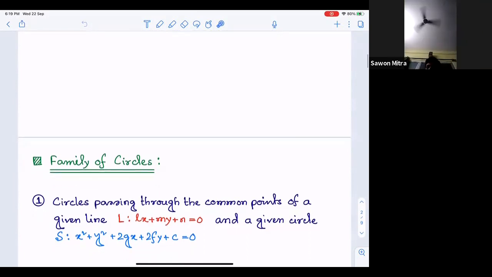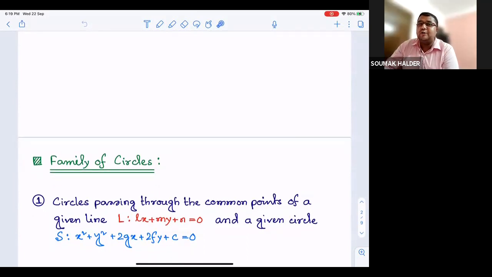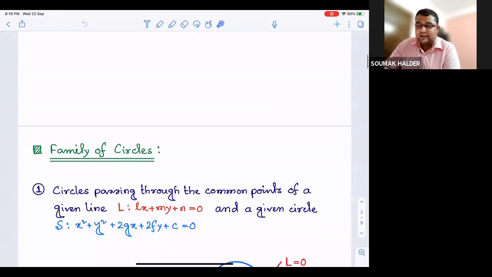So targeting the algebraic speciality, we are looking for a second degree polynomial equation where there will not be any xy term as per the requirement of a circle, and the coefficients of x square and y square will remain the same. And moreover, due to the common points' coordinates for L is equal to 0 and S is equal to 0, it must be satisfied.